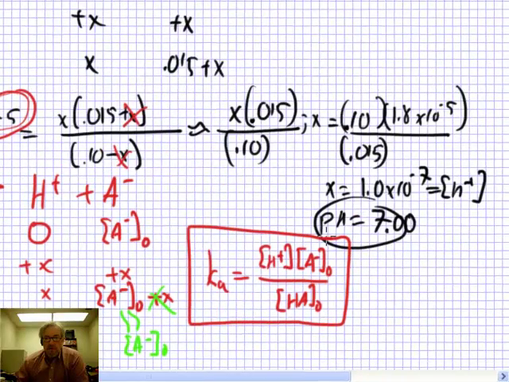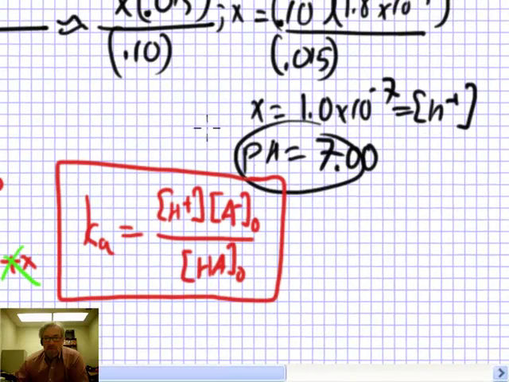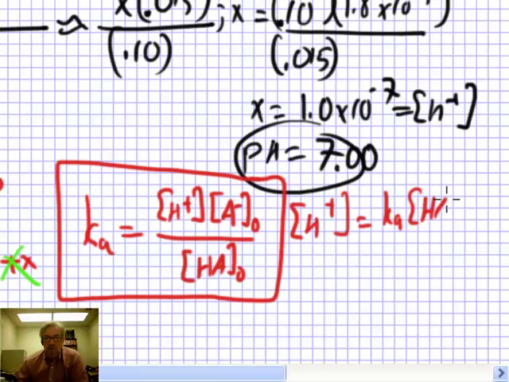So if we wanted to know H plus concentration, which is more common, we can isolate it from this equation. H plus is going to be equal to Ka times the initial concentration of the acid divided by the initial concentration of the base. So this is a simplifying tool. We can use this all the time if we want to know what the H plus concentration of any buffer is going to be, if we just know the concentrations of the acid and the salt that has the base.